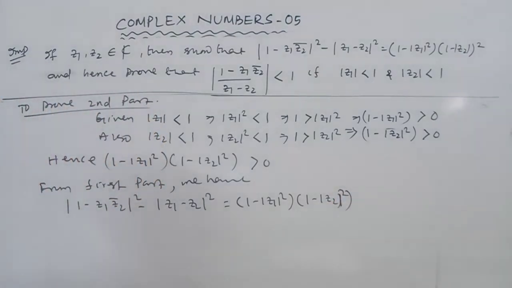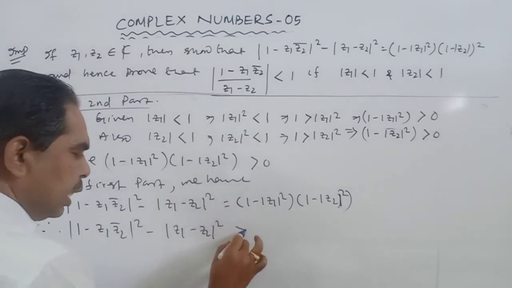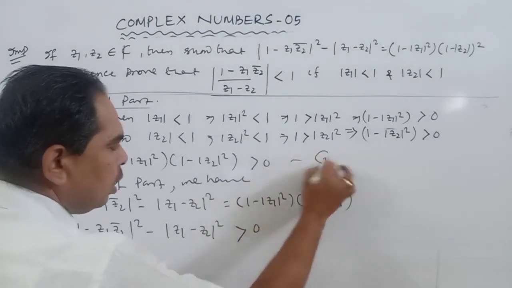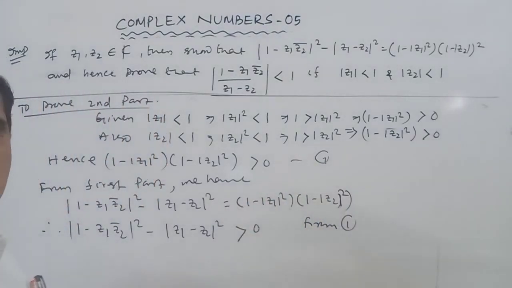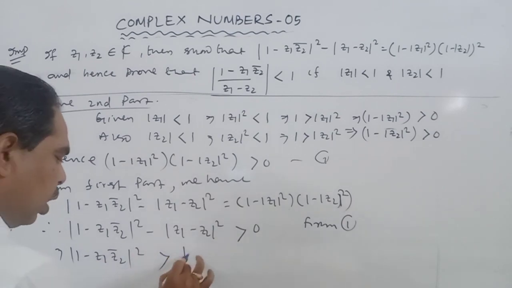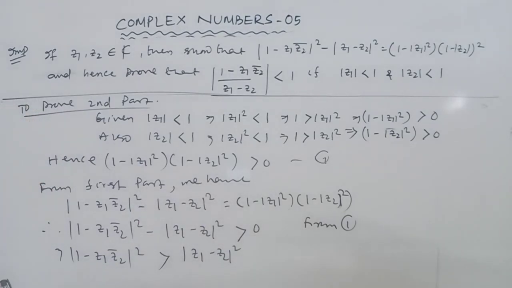Okay. So therefore mod of 1 minus z1 into z2 bar whole square minus mod of z1 minus z2 square is greater than 0, because this is positive from 1. Okay. So it implies mod of 1 minus z1 into z2 bar whole square is greater than mod of z1 minus z2 square.